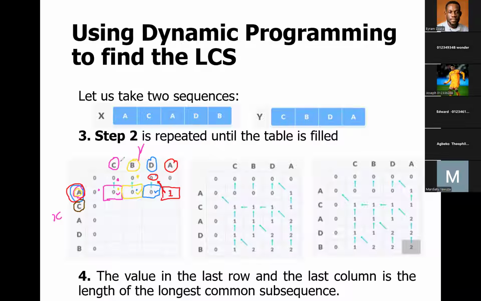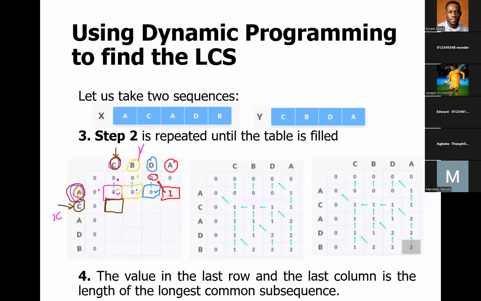I'm using brown now. So we have C and C here. We are looking at this cell. So C, this, and then this cell. Are the characters the same? Yes, they are the same.